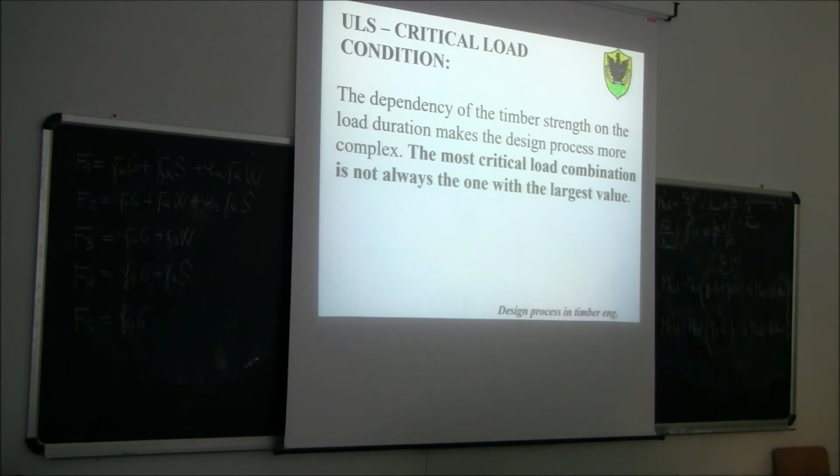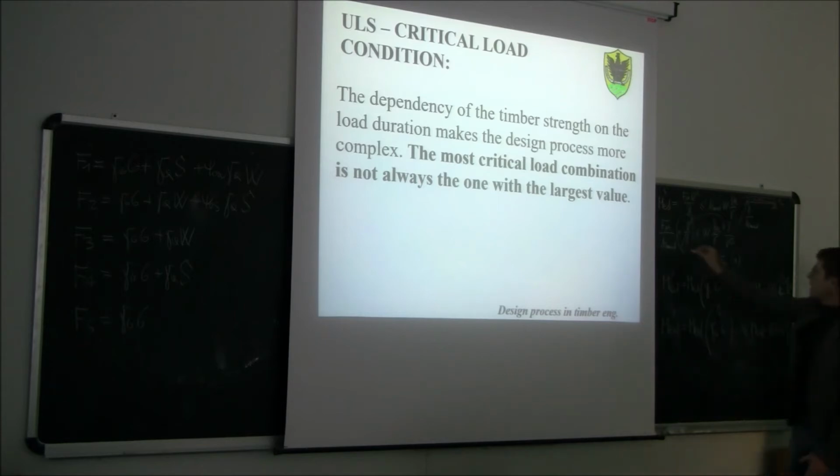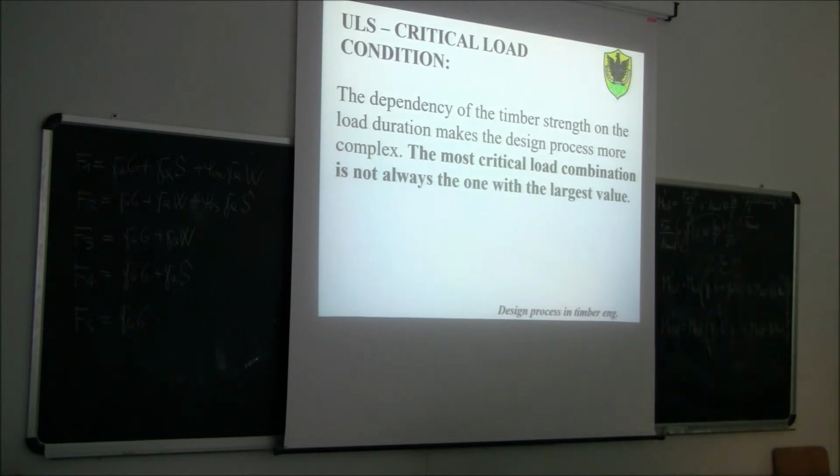So in the end, I managed to isolate all the quantities depending on Fu or K mod. So Fu divided by K mod shall be less than or equal to this, which is related to the cross section and the material. Now, suppose we have different load conditions.